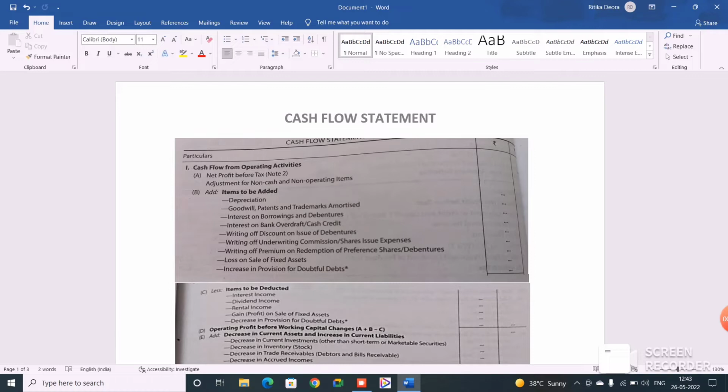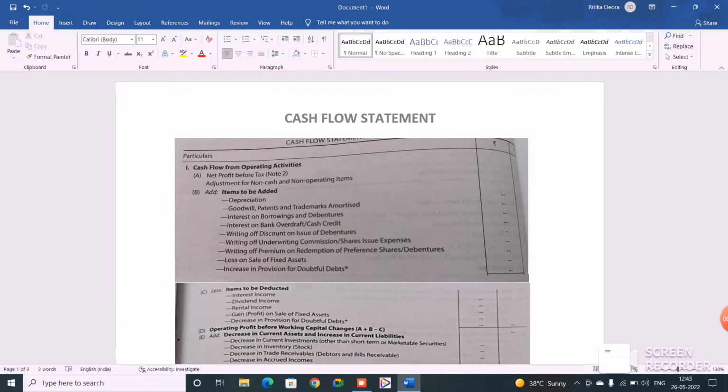We do this in order to analyze, because cash flow statement is a tool for analysis. It is one of the tools for analyzing the position of business.